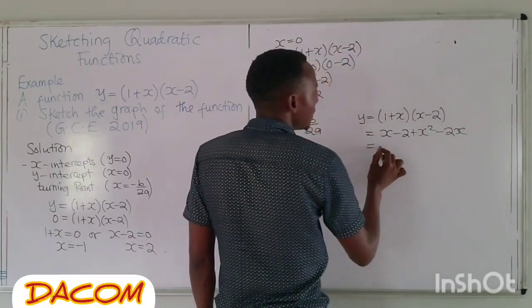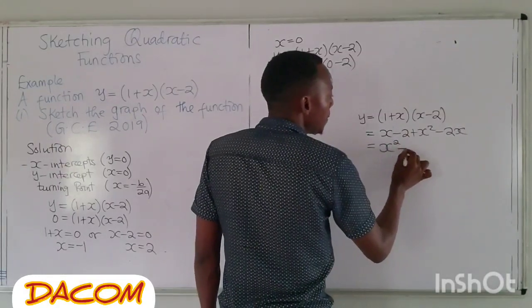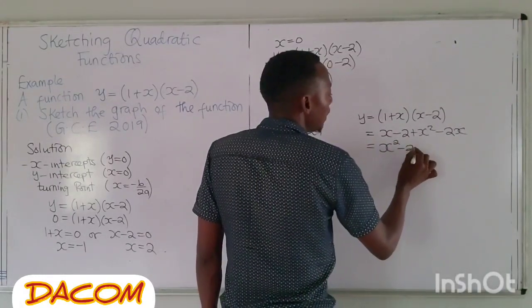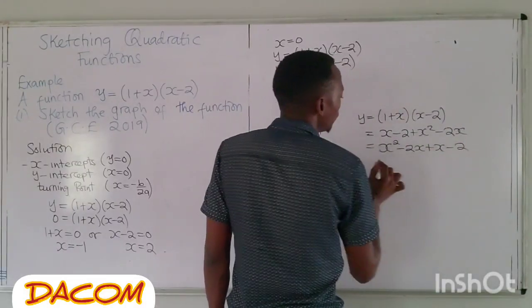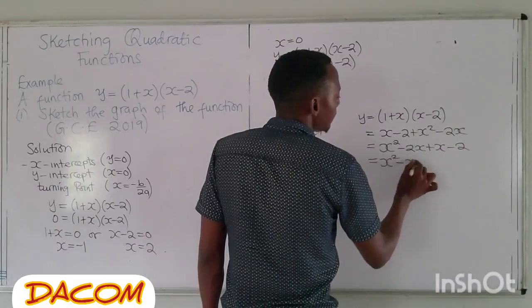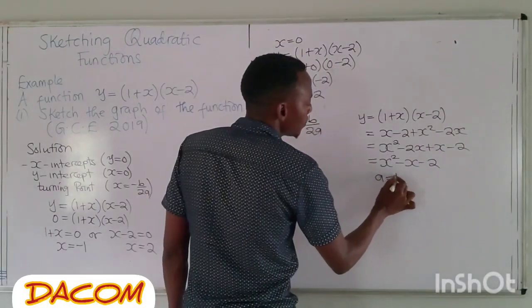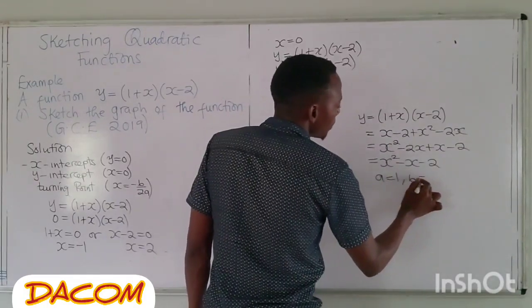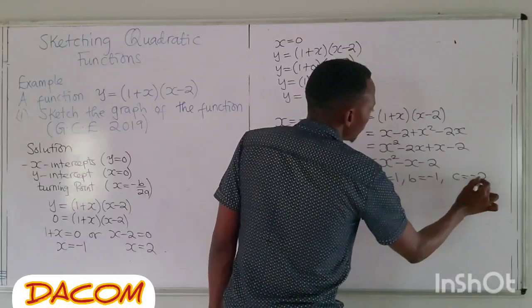Arranging this in standard form, we have x squared minus 2x plus x minus 2. So this will give us x squared minus x minus 2. From here we have a is equal to 1, b is equal to negative 1, and c is equal to negative 2.